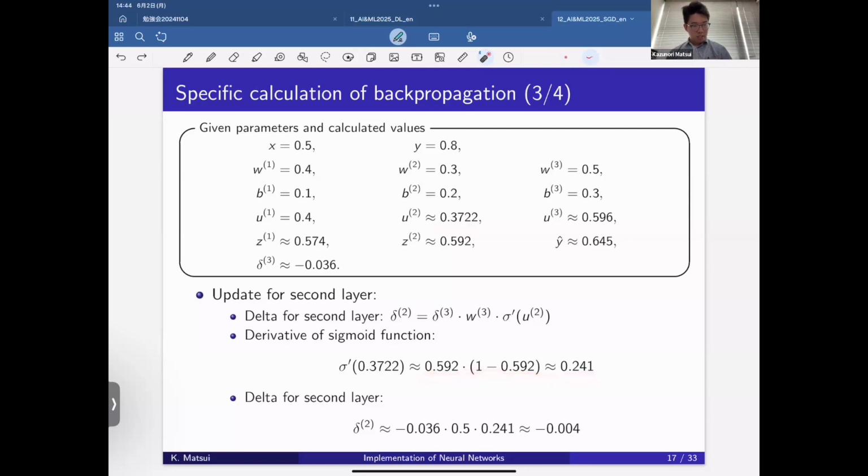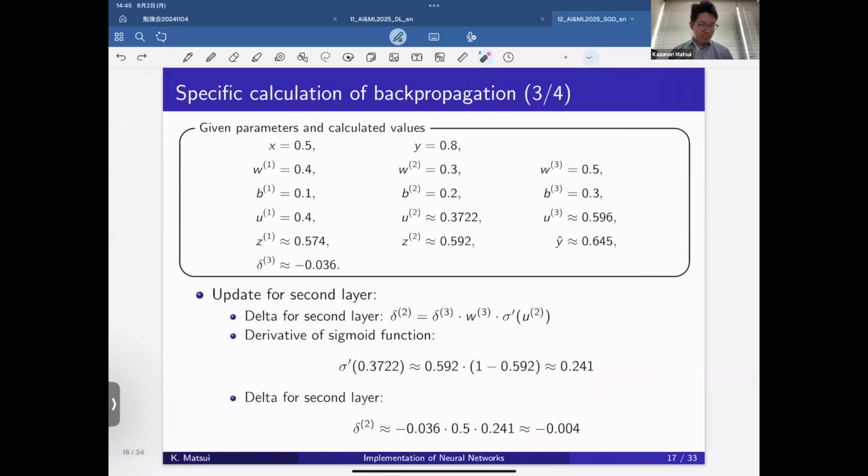Using this and arranging the previous numbers, delta 3 is minus 0.306, W3 is 0.5, sigma prime u2 is 0.241. So when we multiply these, we find it's minus 0.004.